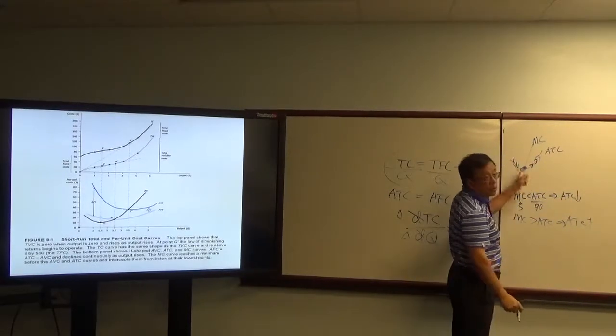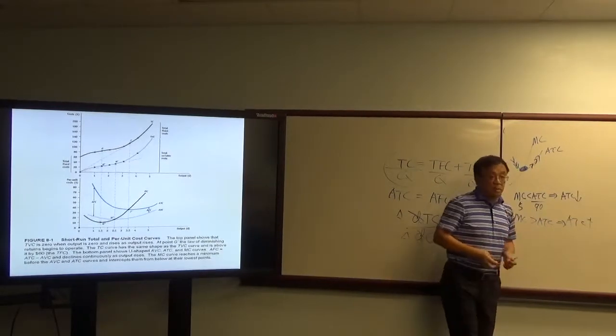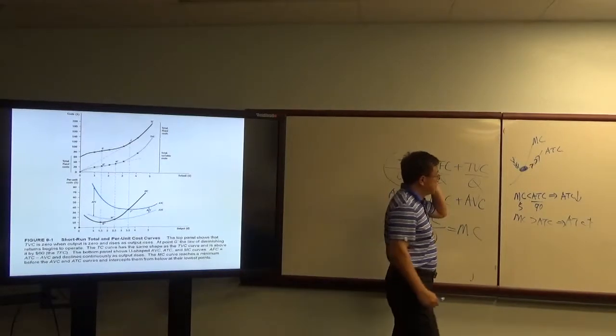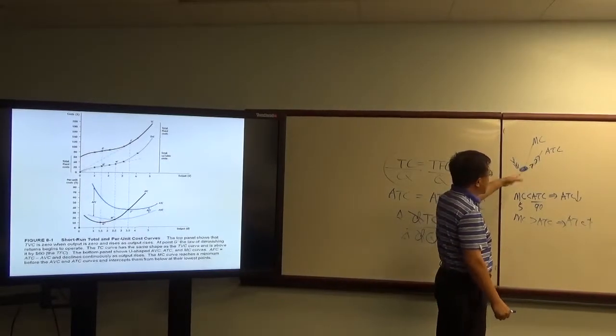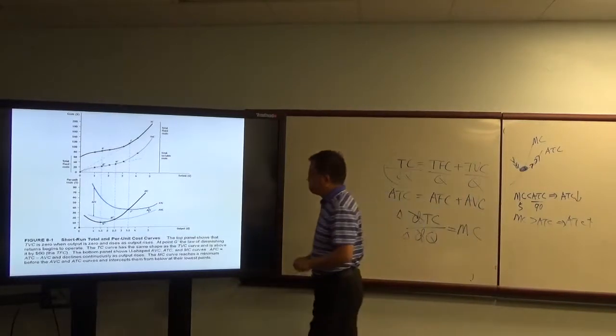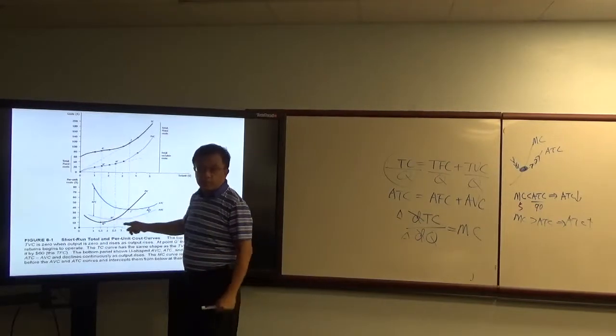So on the left side it decreases, on the right side it increases. So this must be the minimum point. That's the basic relationship between the average and the marginal. Same thing for the average variable cost.